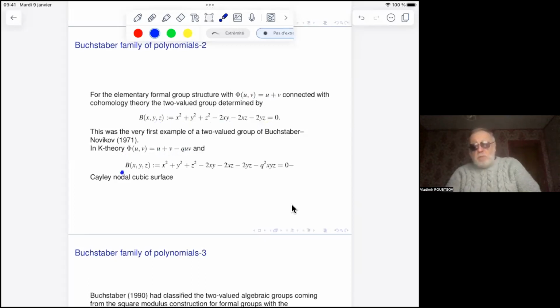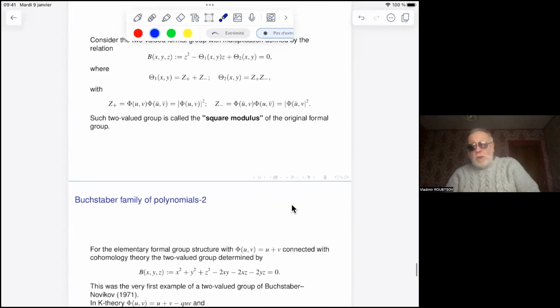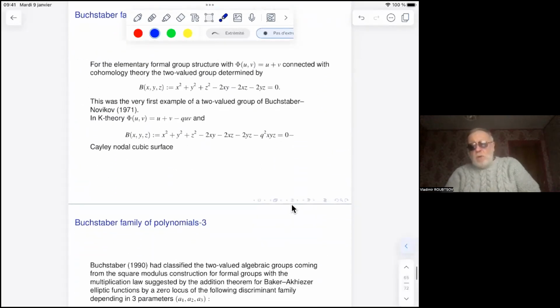The corresponding polynomial, in the construction of square moduli, contains a quadratic part and a cubic term, q squared minus q squared xyz, and this is nothing but singular.